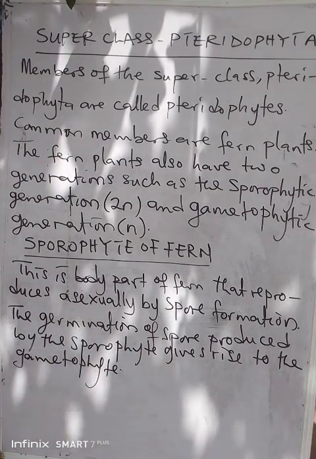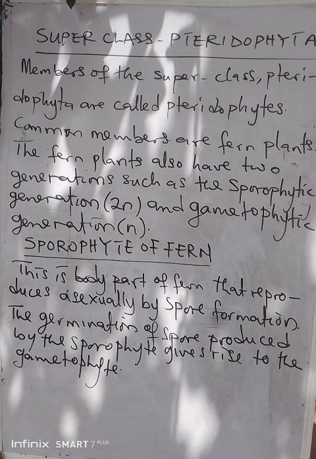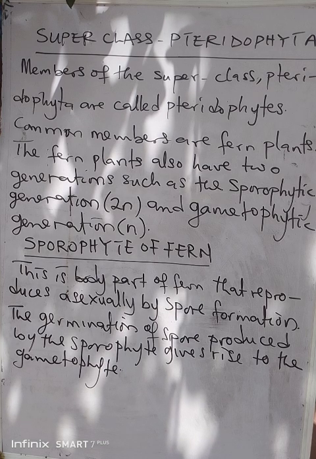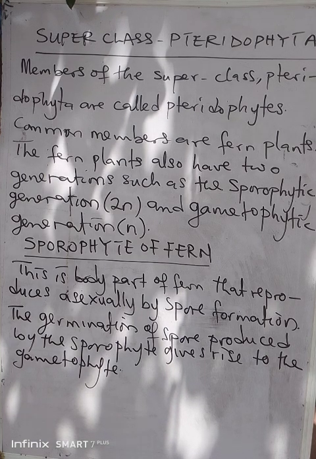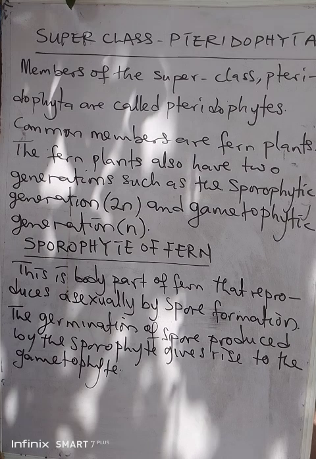So the sporophyte reproduces asexually to produce the gametophyte, while the gametophyte reproduces sexually to produce the sporophyte. This is clear alternation of generation. We call it alternation. Two generations are alternating each other. The sporophyte produces the gametophyte, and the gametophyte produces the sporophyte. So the two generations are what? Alternating.